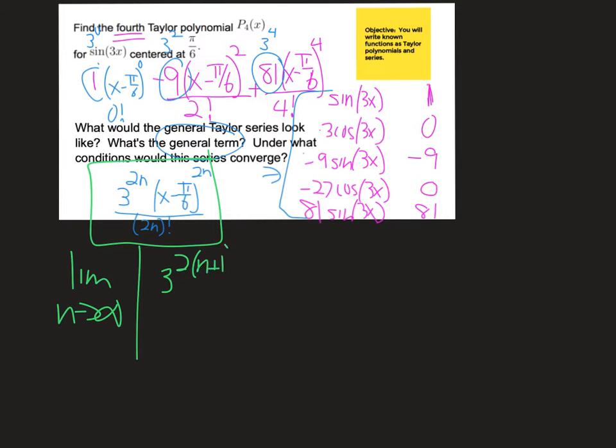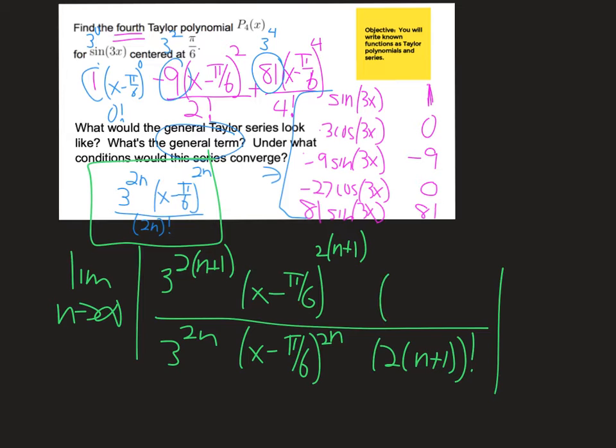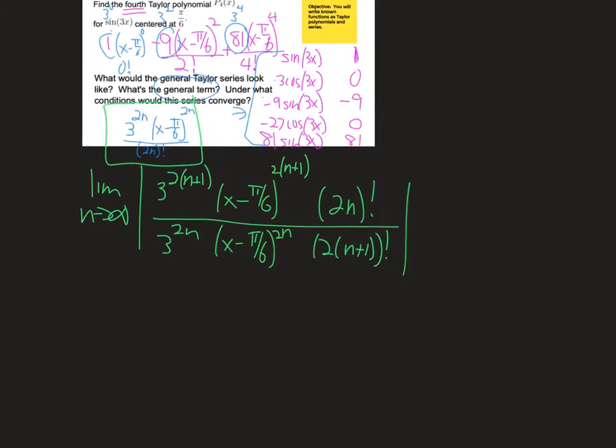That's going to be 3 to the 2n plus 2, x minus pi over 6 to the 2n plus 2, over 2n plus 2 factorial, since I'm replacing the n with n plus 1, over 3 to the 2n, x minus pi over 6 to the 2n, over 2n factorial. So flippy floppy, 2n factorial.